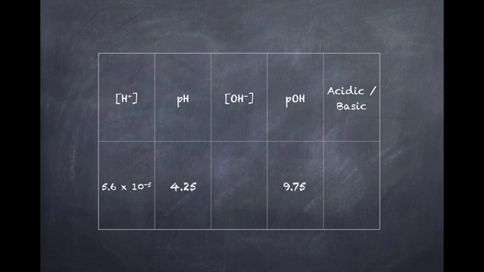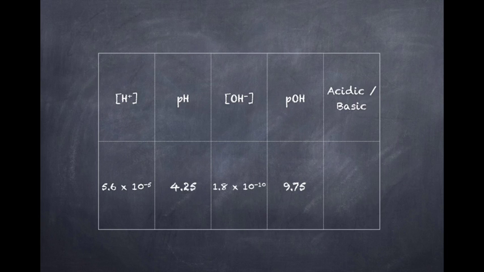Now, if you are still unclear about logs and how to calculate your concentration of OH or H plus from pH or pOH, you need to look up how to solve logs or come in and see me. Okay, so all you're going to do is take 10, raise it to the negative 9.75, and keep in mind, because there are 2 decimal places, I want 2 significant figures for my concentration, so I got 1.8 times 10 to the negative 10th.